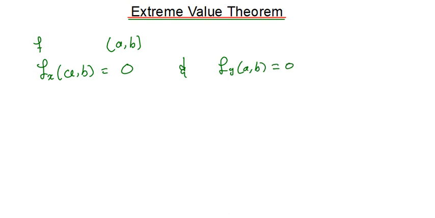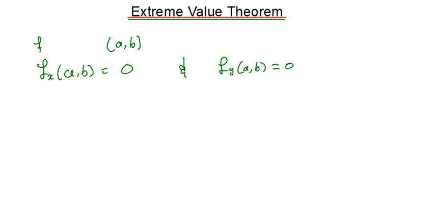Let f have continuous second partial derivatives on an open region containing a point a comma b, for which f_x, the partial derivative of that function with respect to x, equals 0, more like you're equating the gradient to 0. So also f_y at a comma b equals 0.